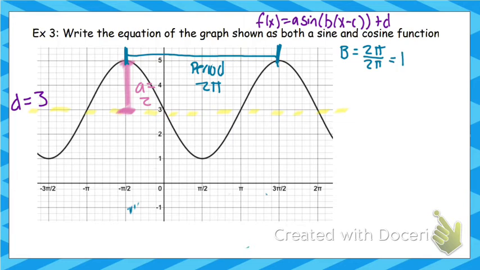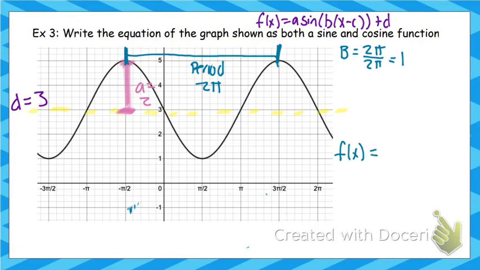All right, and then the last thing we need to find is the c value. Now this is probably the hardest one because there are a lot of actual correct answers. It also depends if we're doing sine or cosine. Up until this point, all of these things are the same, whether this is a sine or a cosine graph. So I'm going to go ahead and write what I have as both sine and cosine.